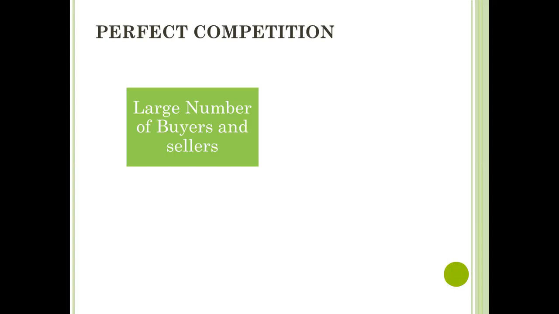And each seller produces a small volume so that he cannot dictate price; he is a price taker of what the market dictates as per demand and supply of the commodity. The individual seller accepts the price and decides on how many he would like to sell. The demand curve is perfectly elastic. Those are the assumptions for perfect competition.